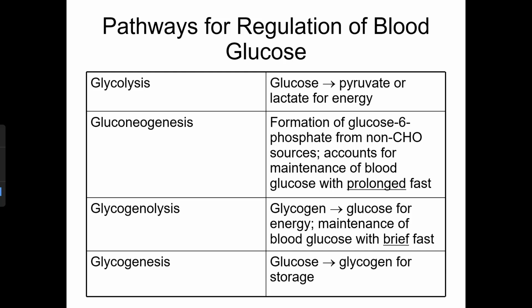Gluconeogenesis is the formation of glucose 6-phosphate from non-carbohydrate sources, and that accounts for the maintenance of blood glucose when there's a prolonged fast. Glycogenolysis: glycogen is converted to glucose for energy, and it's the maintenance of blood glucose with a brief fast. Glycogenesis: glucose is converted to glycogen for storage.